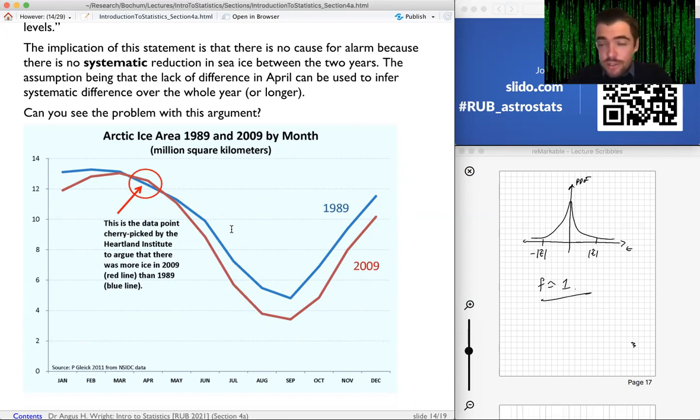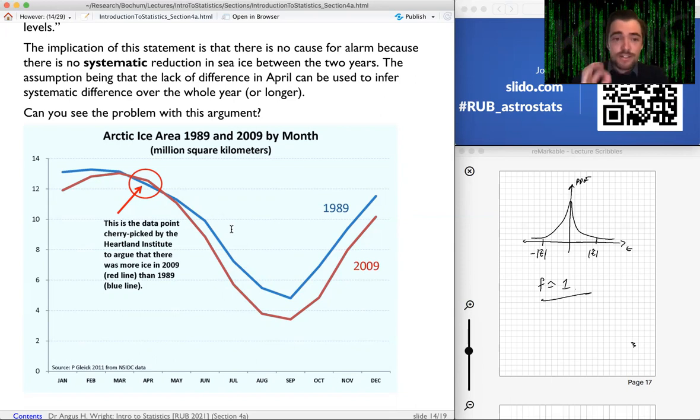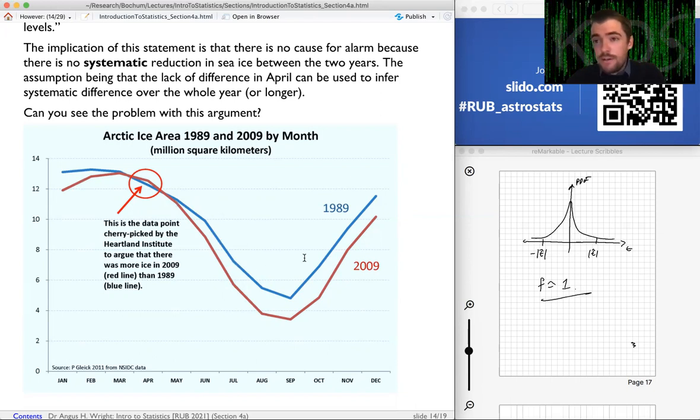Whereas naturally, if you were to take literally any other statistic that you could possibly conceive between these two lines, you would come to the conclusion that the inverse is true, that there has been a reduction in sea ice between 2009 and 1989, right?